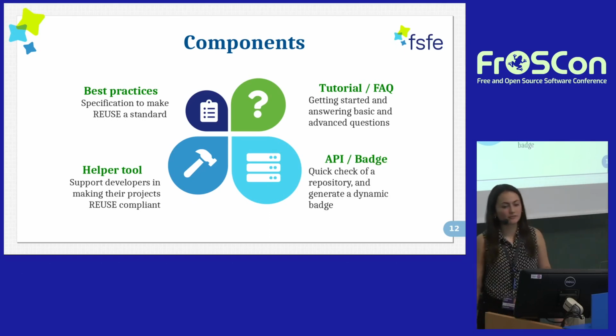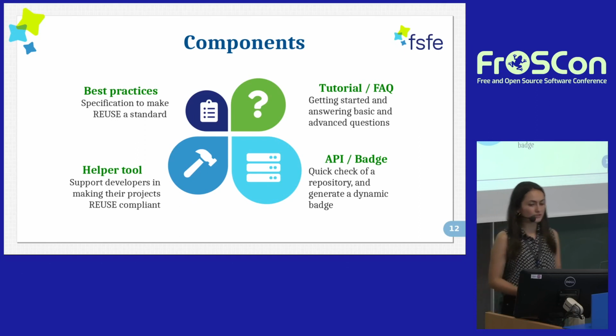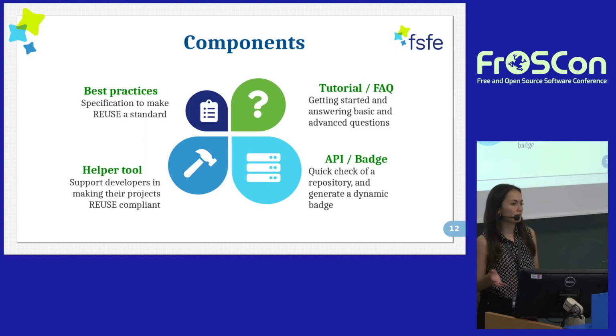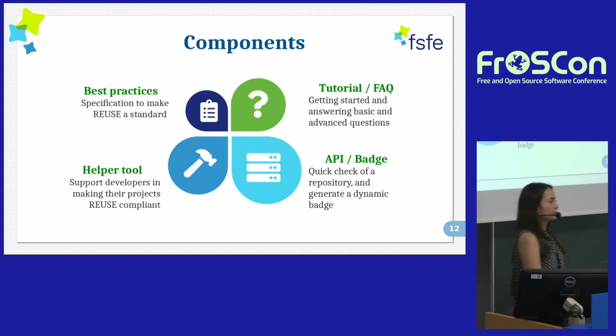And then we also have our API, which you can also find through our reuse.software page. And there, once you have made your project reuse compliant, you can register your project, and then the API will create a dynamic badge that you can put in your project.